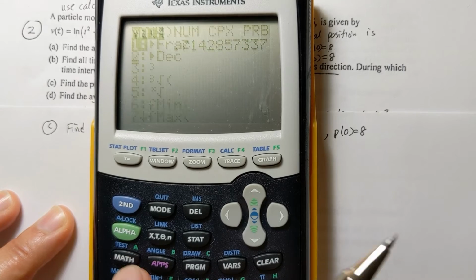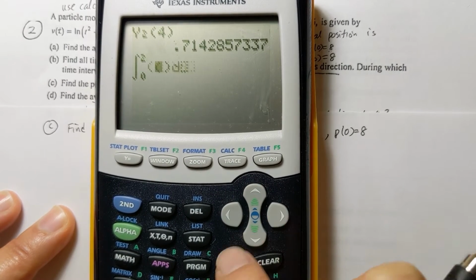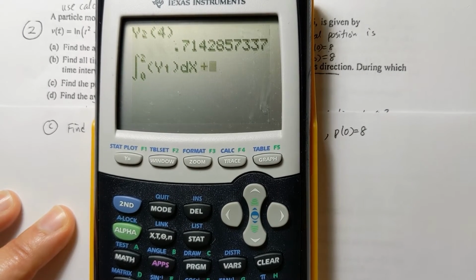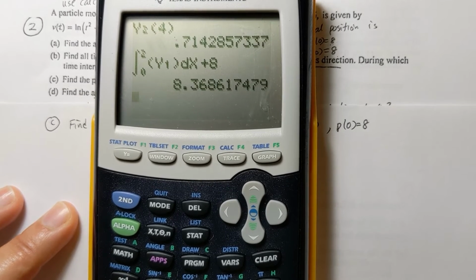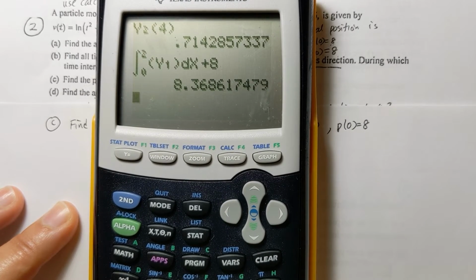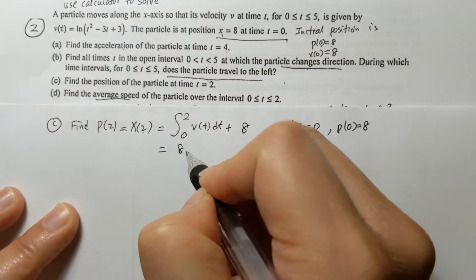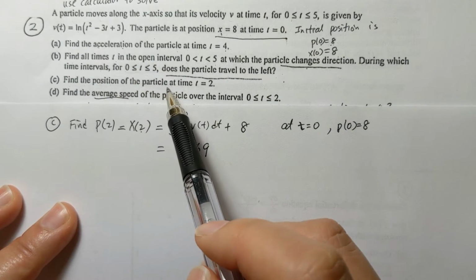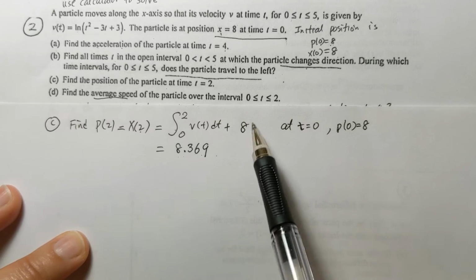So we're going to have math 9, 0 to 2, y1, dx, plus the initial position, which is 8. So we got 8.369. So the position of the particle at t equal 2 is 8.369. This is how much you have to show.